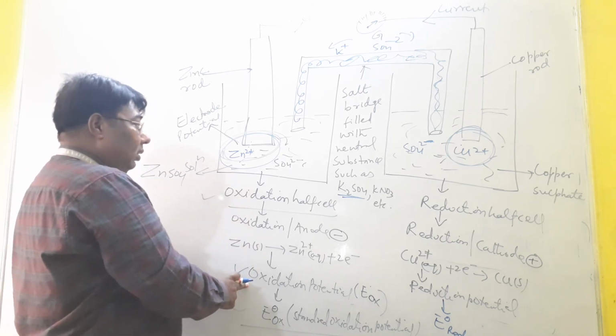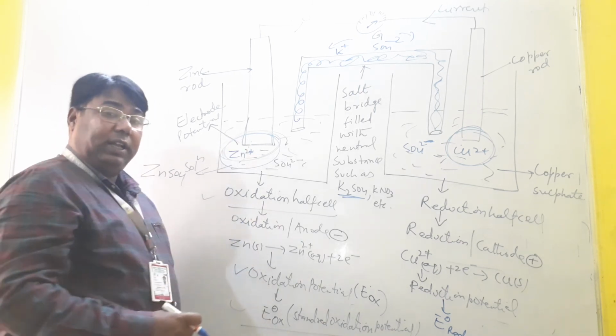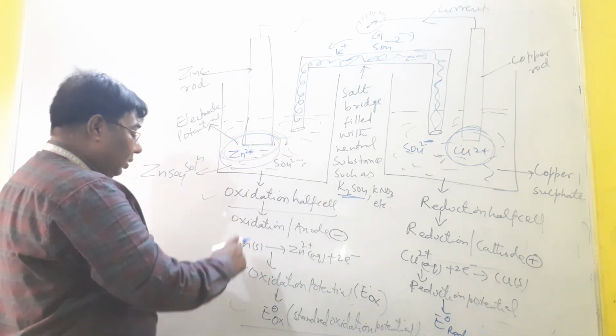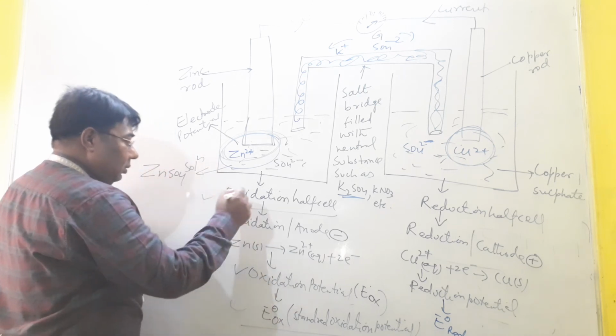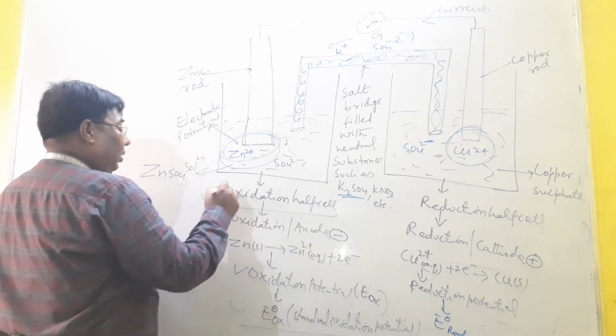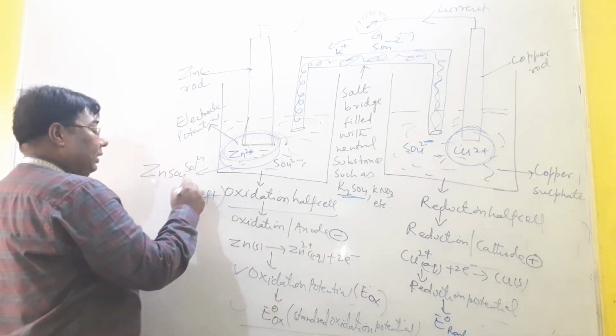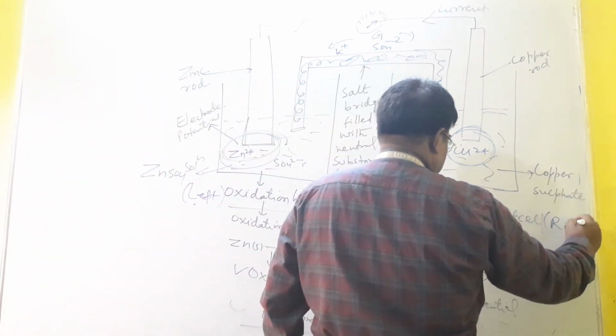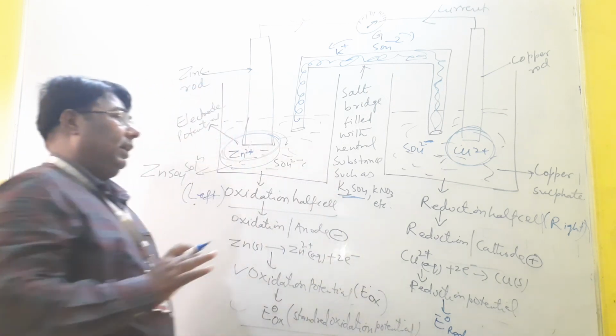In oxidation potential, oxidation takes place; in reduction potential, reduction takes place. The oxidation half cell is always present at the left side and the reduction half cell at the right side. So all of you try to understand.